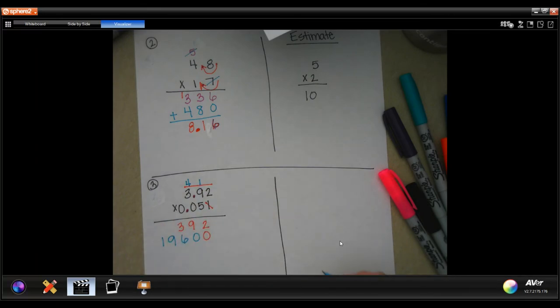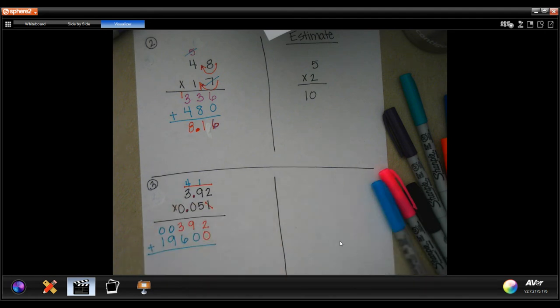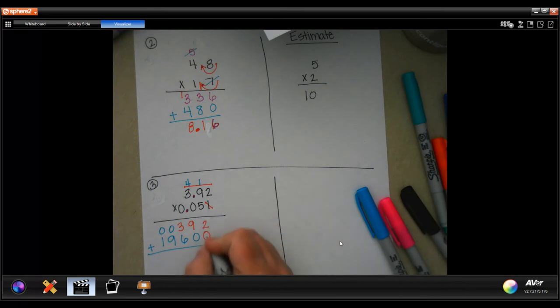So I'm going to add those two up. If you feel weird about having a bigger number on the bottom than you do on the top, then I would just put zeros there as placeholders. All right, guys. 2 plus 0, 2. 9 plus 0, 9. 3 plus 6, 9. 0 plus 9, 9.